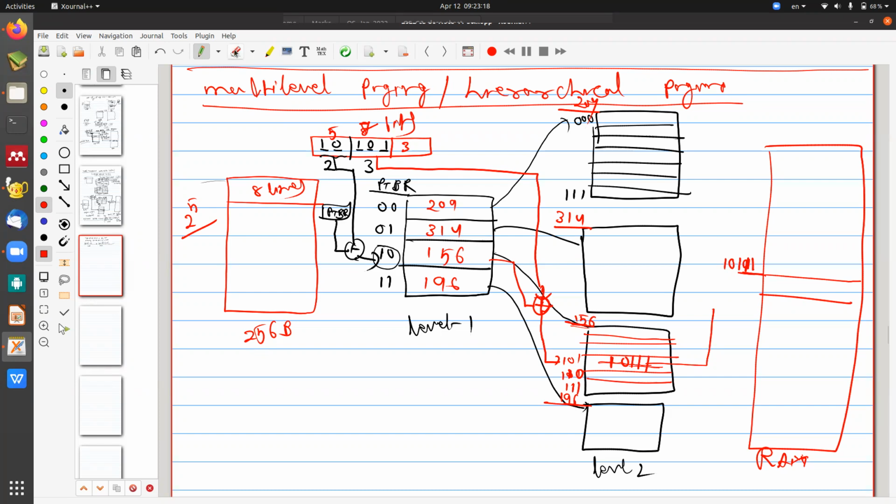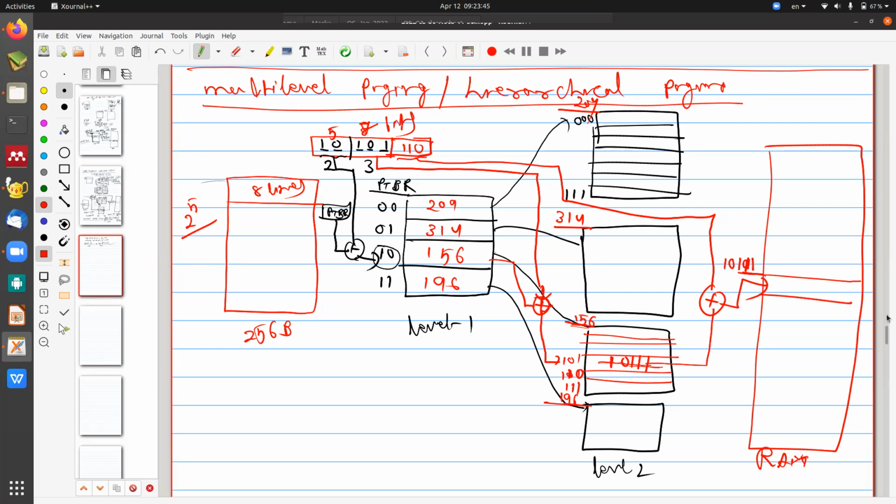What will be present here? 3 bits. Suppose this 3 bits is 110. Then what will happen? This 3 bits comes here and this one will be combined and generate an address. This is the address where the instruction is present.